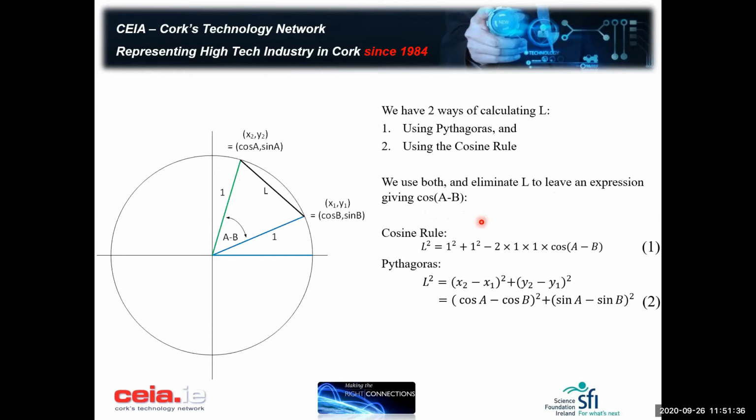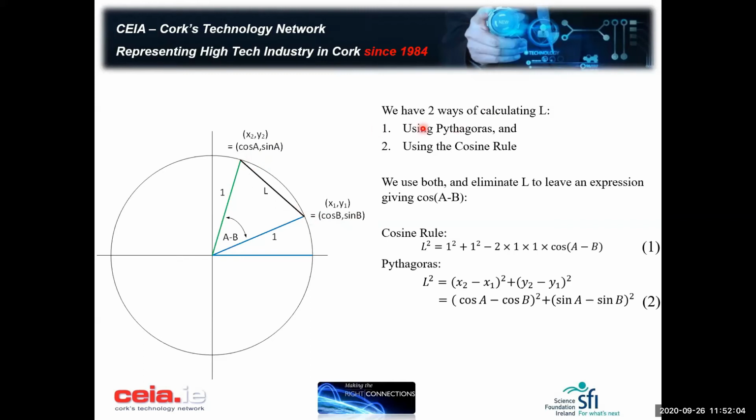Right, so how do we prove the compound angle formula? Well, we note that we have this unknown length L, but we can work out L from the coordinates of the two endpoints, cos A, sine A and cos B, sine B, using the normal distance rule from coordinate geometry, which is equivalent to the Pythagoras rule.